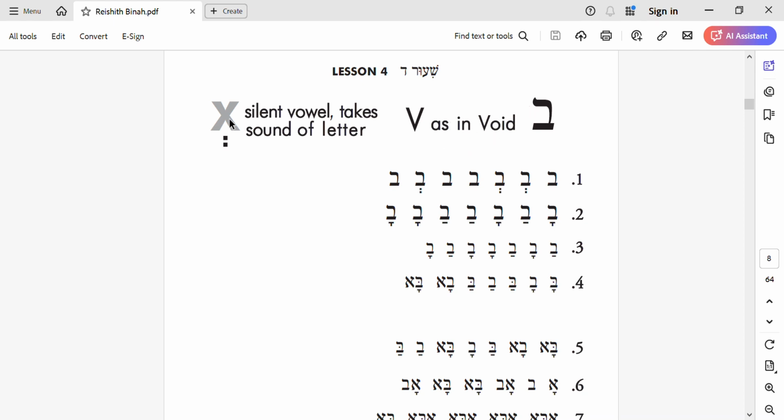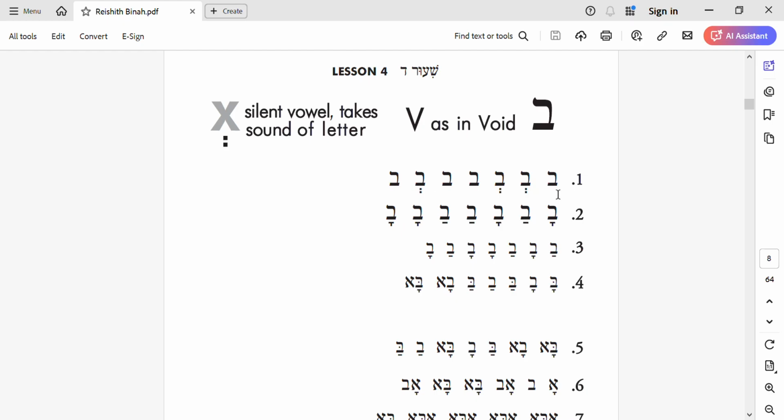And then you have also this little vowel point, which is a silent vowel, and basically takes the sound of the letter. So v or b or whatever sound there is, and it's called the shva. Because it's silent, it will be read v, v, v.